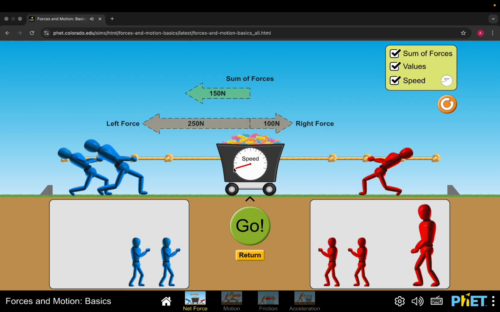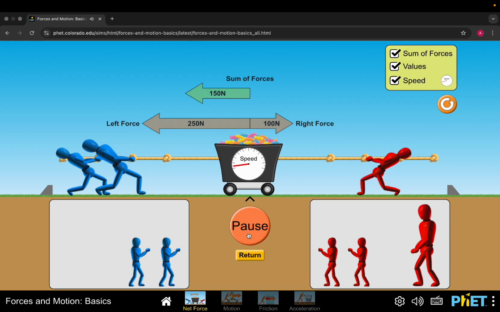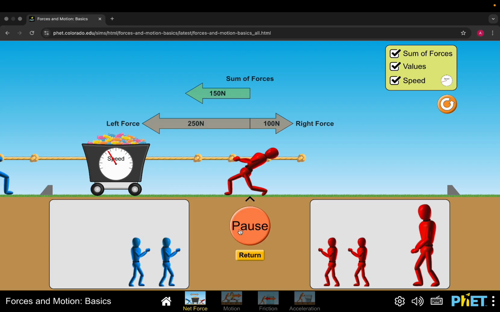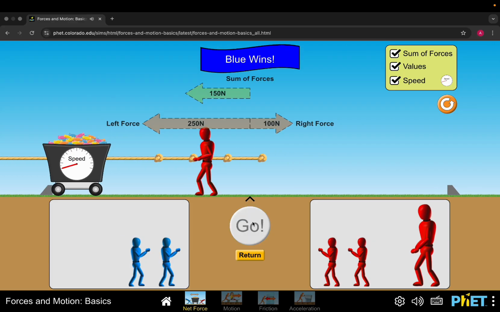You can see how the speed increases. Let's give this a try. So as you can see, the net force is, oh, right. I'm so sorry. The net force actually goes to the left because we have more applied force on that side.